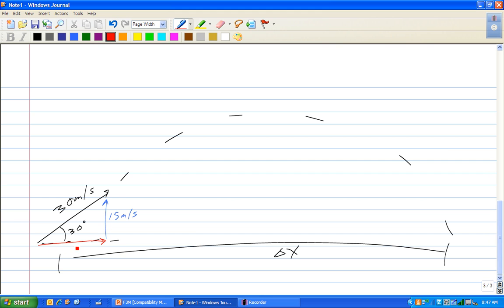And the, excuse me, the horizontal is found from cosine of 30. And that's 26, right? Yeah. They switched. Same numbers, but switched. Now, sure is going fast to the right, isn't it?